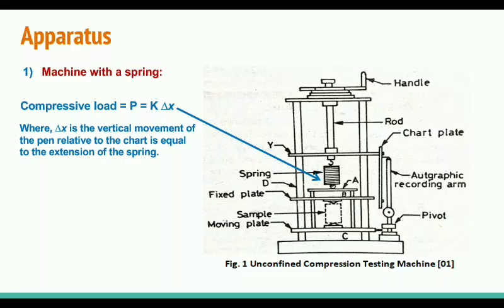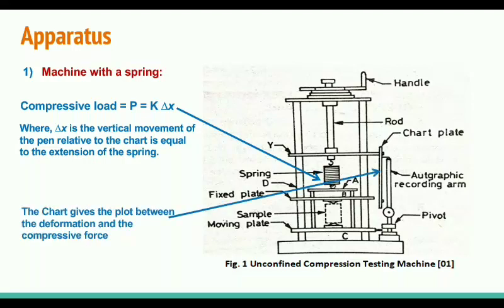By taking the reading on the chart plate, you can get the axial strain. What is the axial strain? It is the change in length in the vertical direction divided by the total or original length of the soil specimen. So the chart gives the plot between the deformation and the compressive force.